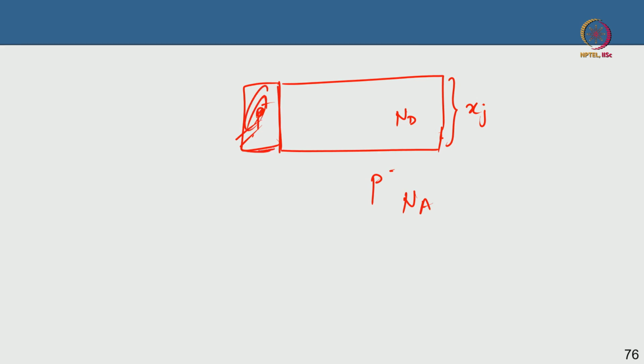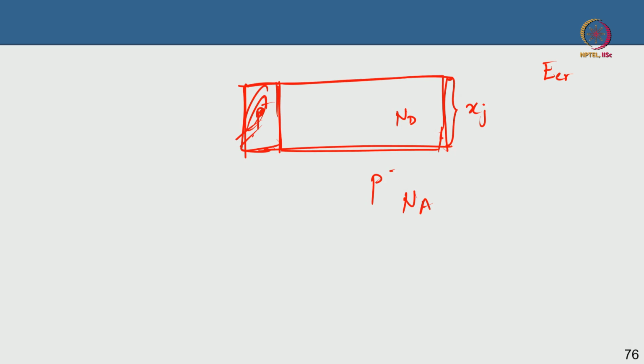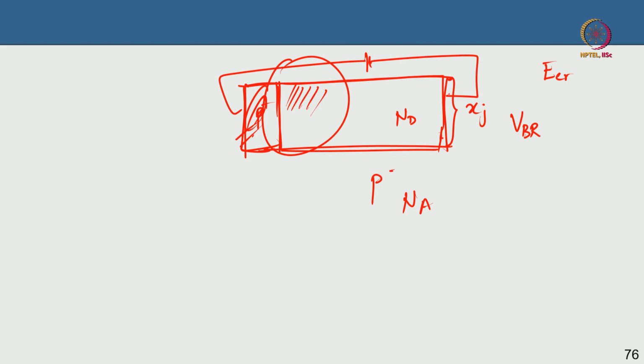Now, this doping does not matter. If you just consider the lateral dimension, you know the doping Nd here, and you know the critical electric field, say I will call it ECR. Then I can express the maximum breakdown voltage VBR that I can apply across the lateral junction as a function of the critical electric field, the dielectric constant of the material, and the doping.